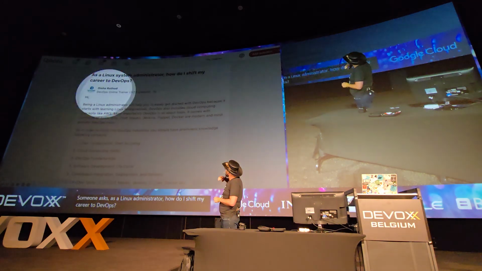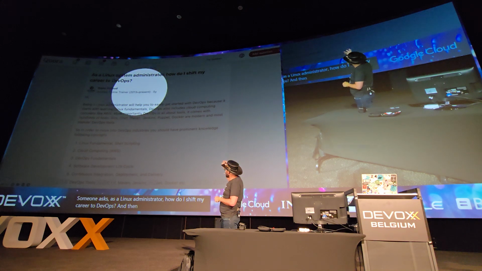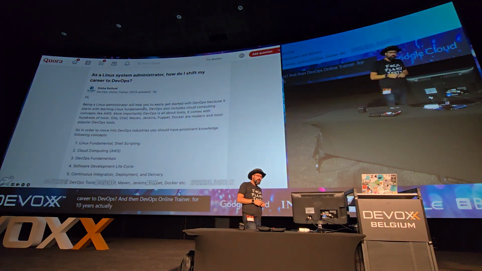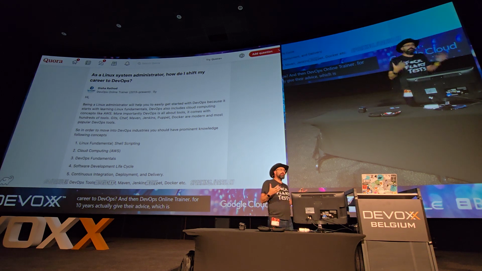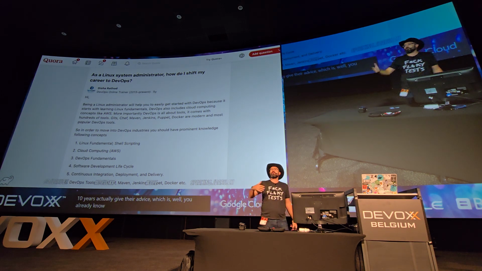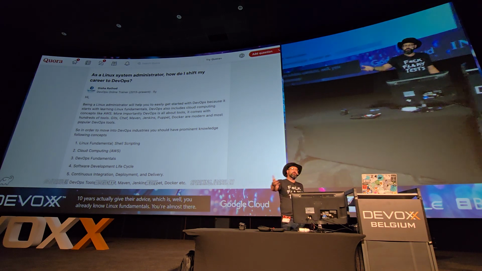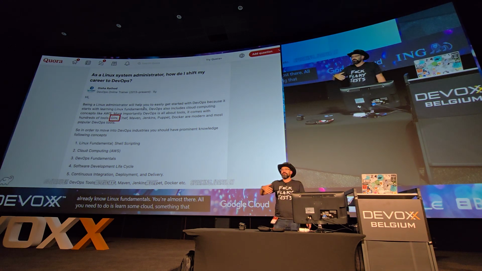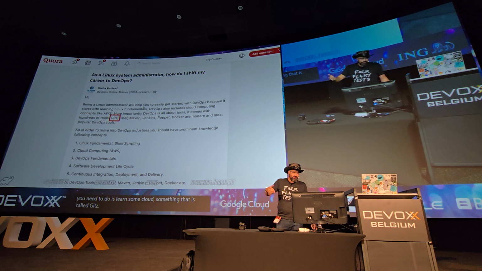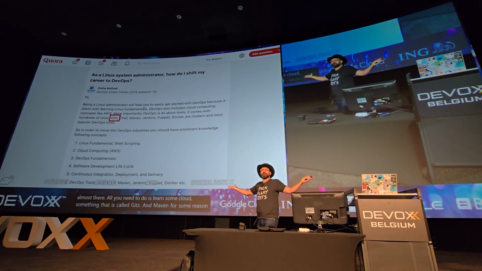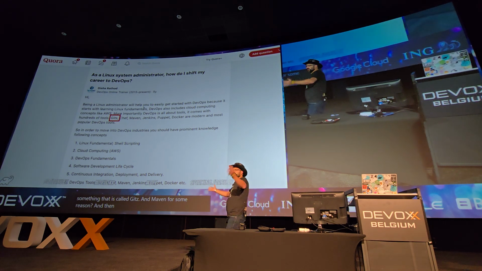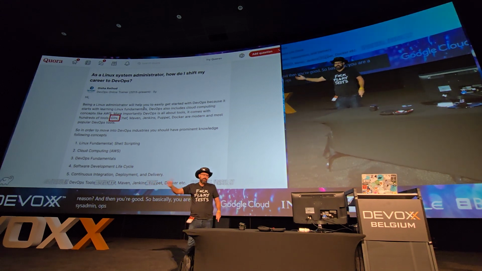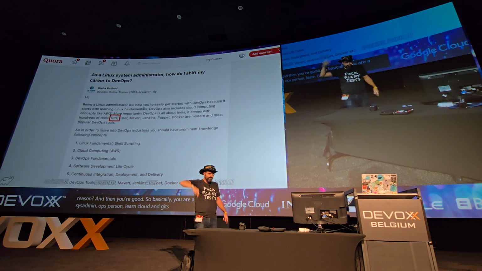And a DevOps online trainer of 10 years gave their advice, which is, well, you already know Linux fundamentals, you're almost there. All you need to do is learn some cloud, something that is called Git, and Maven for some reason, and then you're good. So basically, you are a sysadmin, an ops person, learn cloud and Git, and you're golden, you're DevOps.